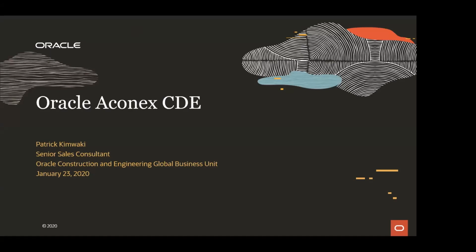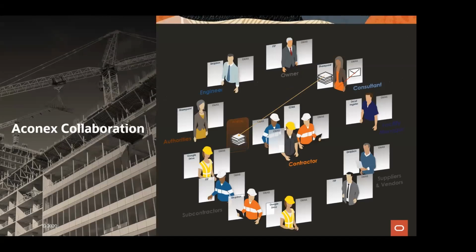Okay, thank you, everyone. So I've just got 4 slides that will serve as a background before we dive into the software. So when we talk about collaboration, why do we need collaboration? In a construction site, whenever you're delivering a project, you've got a lot of companies, organizations that deliver this project.